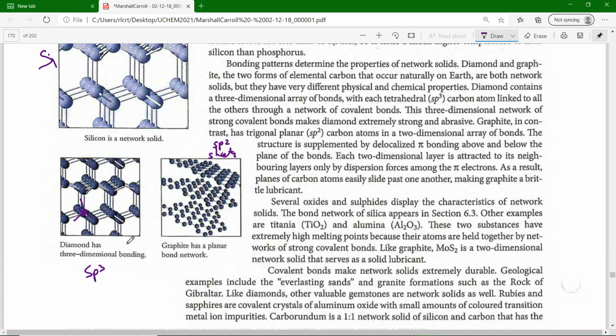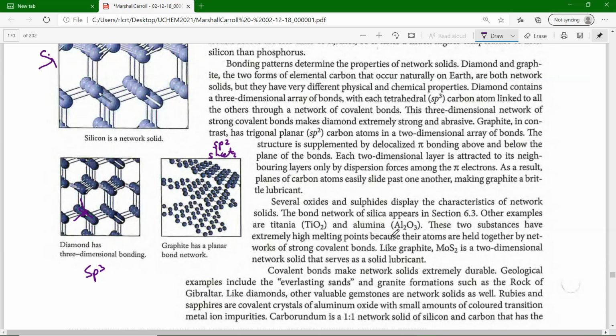In diamond, the carbon's sp3 hybridized. So these sheets of carbon in graphite slide over each other, meaning graphite can conduct electricity better, and its boiling point I do not think is as high as diamond. You check, let me know. Yeah, so these layers there. But they're both network solids.